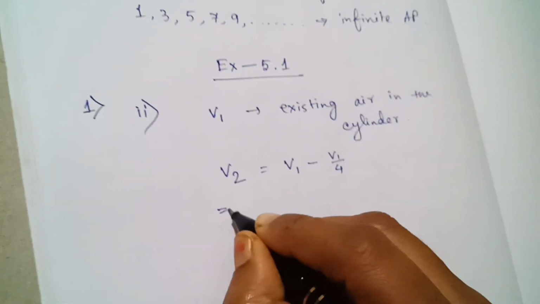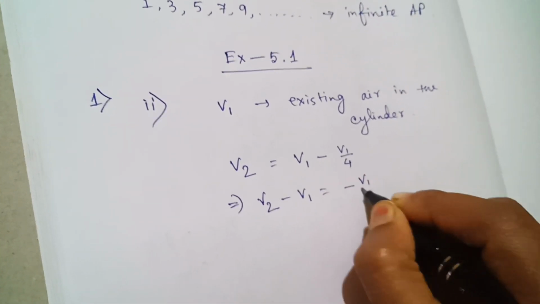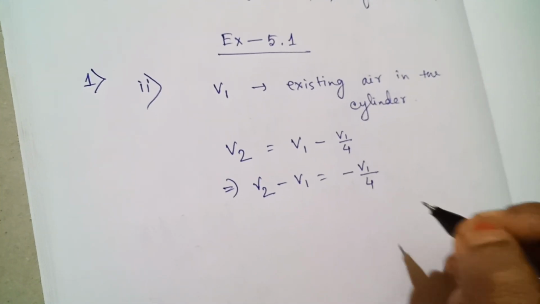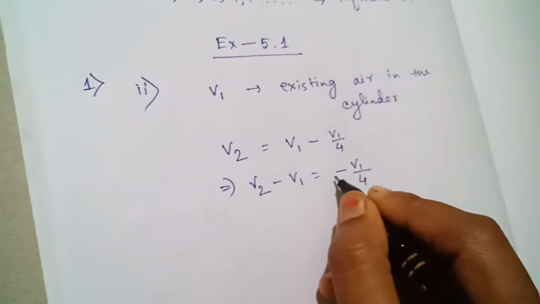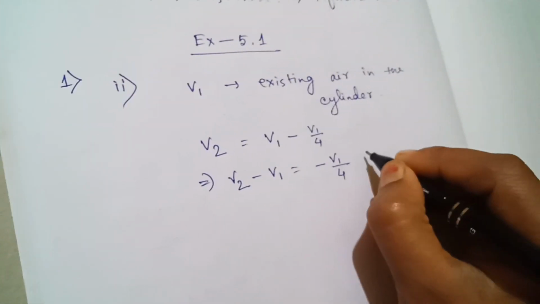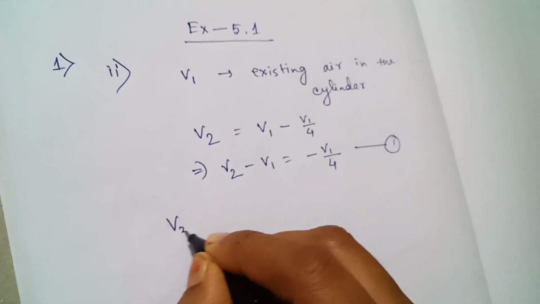From this we can write V2 minus V1 equals minus V1 by 4. It's number 1. Then I am finding V3.